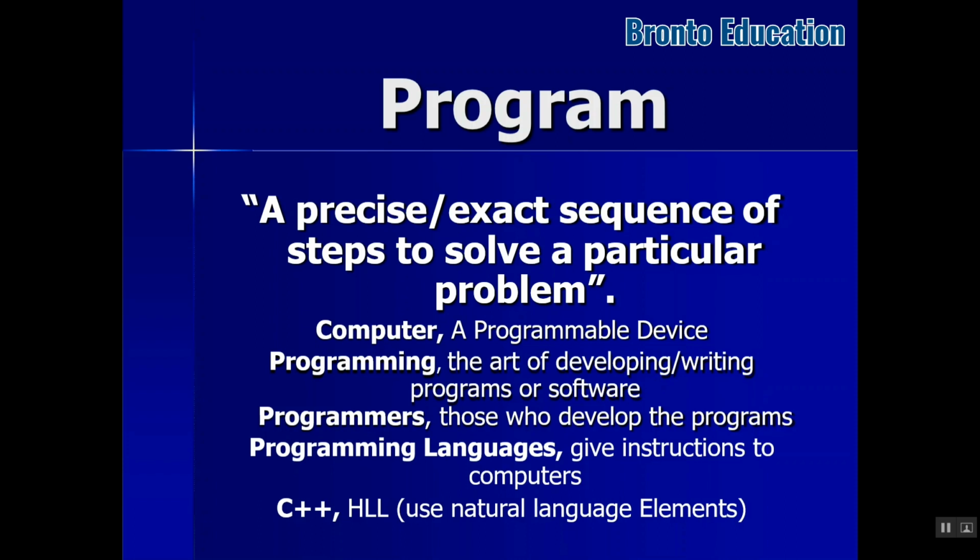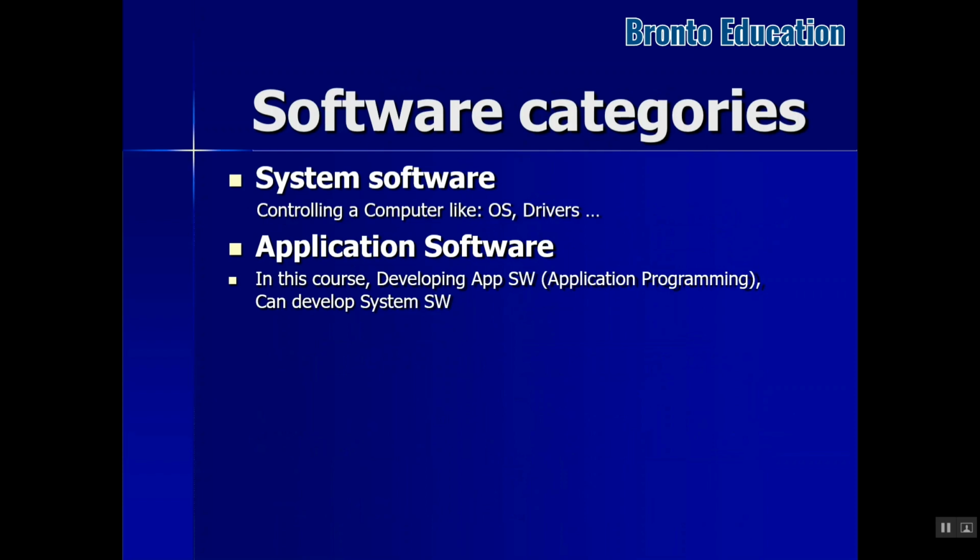Low level language, just like assembly language, is the nearest language to the machine. And C is between them. You can call it a high level language or a low level language. High level because it is human readable, and low level because it is near to the machine or hardware.